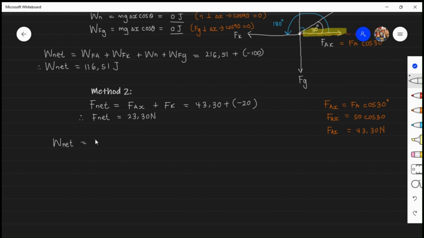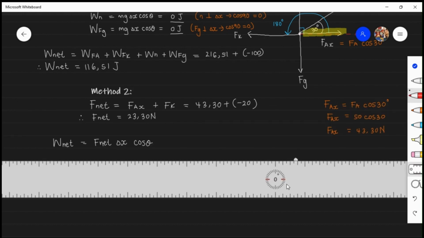Now let us try and find our value of work net. That is going to be F net times displacement times cos of theta, whereby theta represents the angle between our displacement vector and our net force. So let this represent our object. Let us now draw our displacement vector, which will be in the right direction.